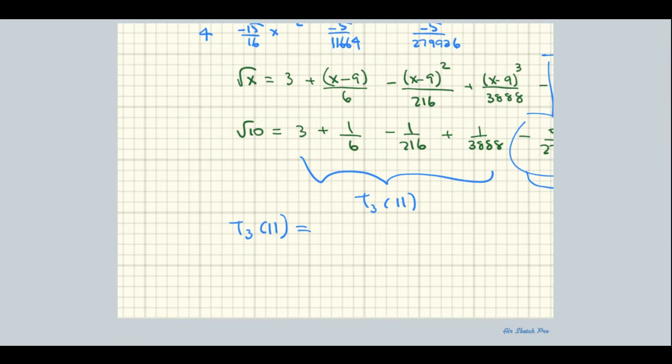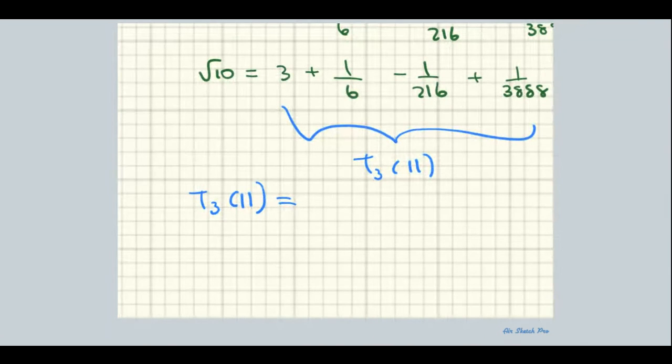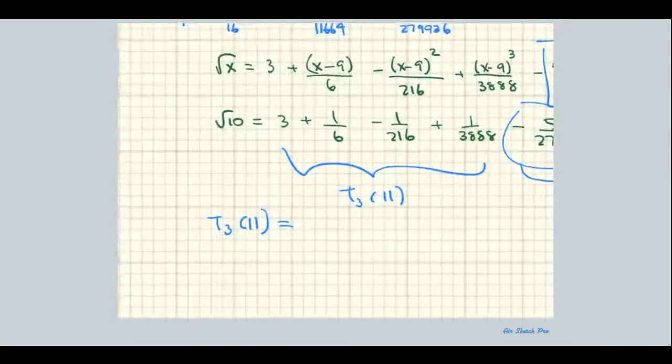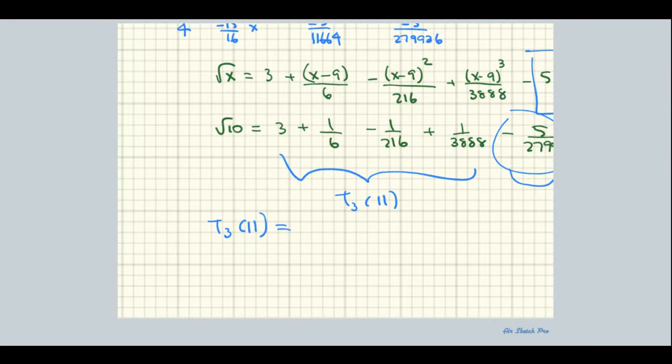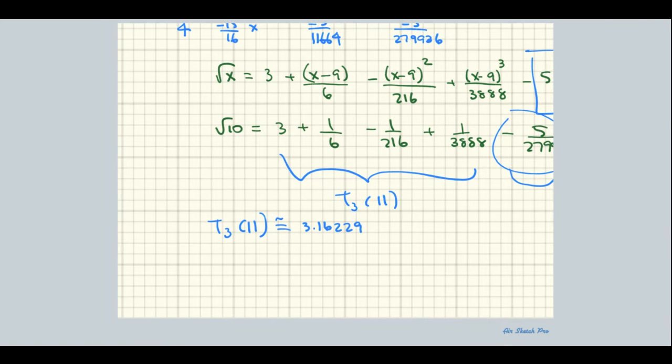And that is, okay, I'm off somewhere. Oh, I see what happened. You added the next term. Okay. The T3 approximation, according to my calculator, is a number really close to 3.16229.